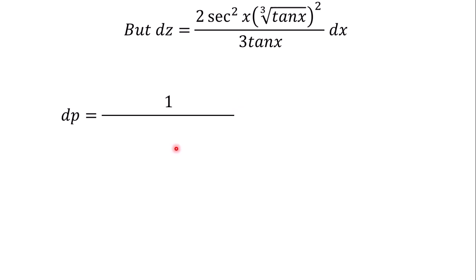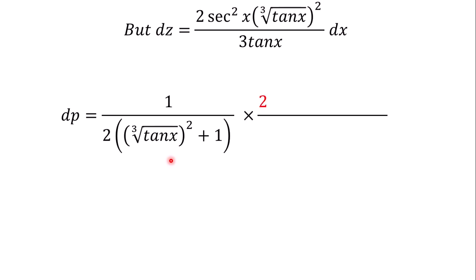So dp is equal to... All right, so here this will cancel out with this. Any other cancellation? The answer is no. Since there's no other cancellation, we just multiply this by this and then this by this.